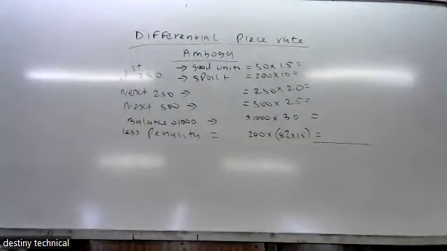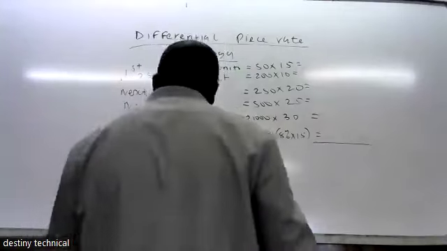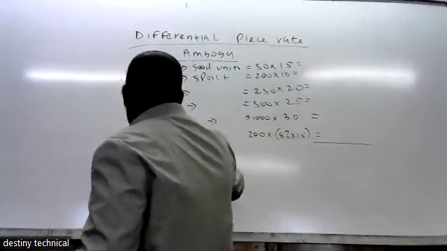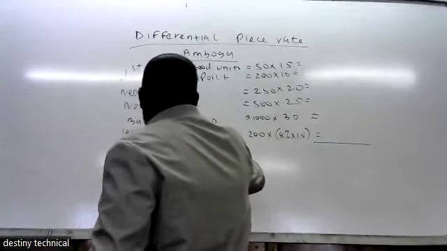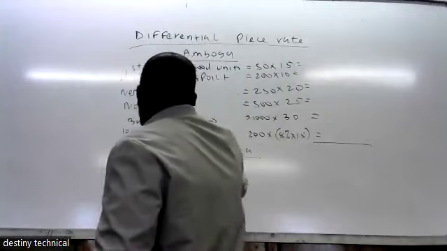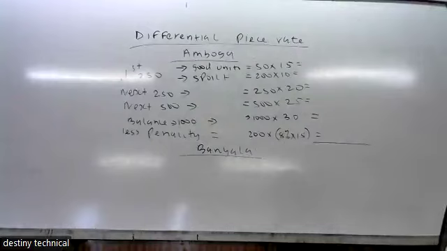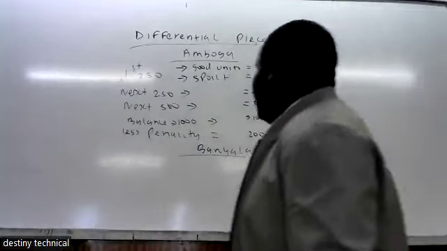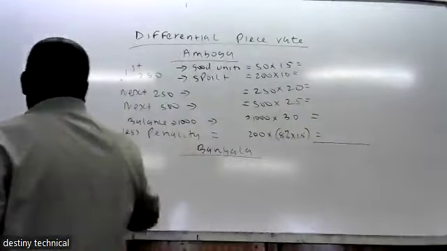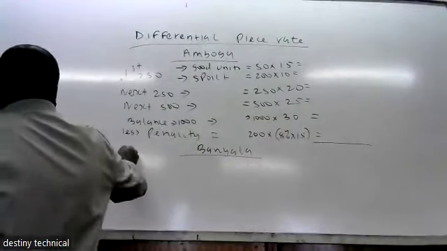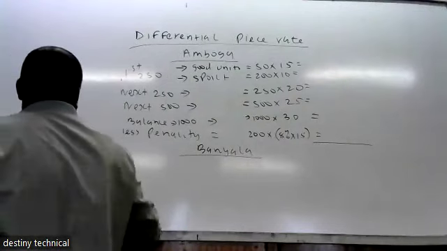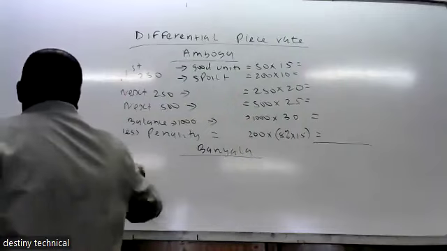So apart from Abomo, the next one is supposed to be Banyala. So for Banyala, we start off with the first 250.